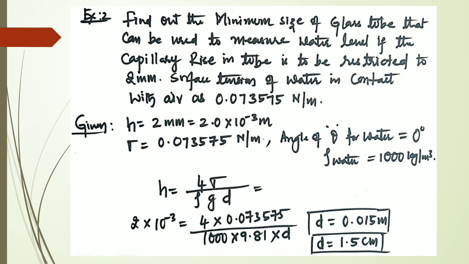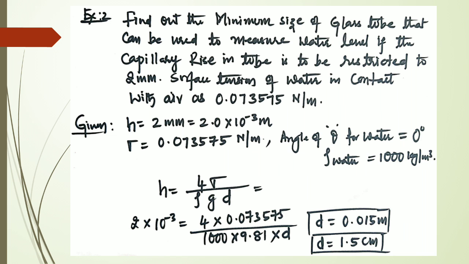The surface tension of water in contact with air is 0.073575 Newton per meter. Sigma is given. Now we need to find the diameter.